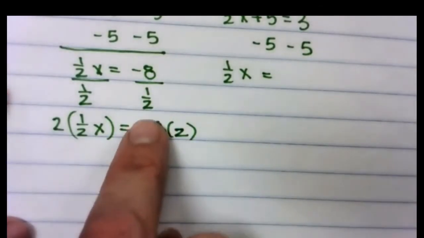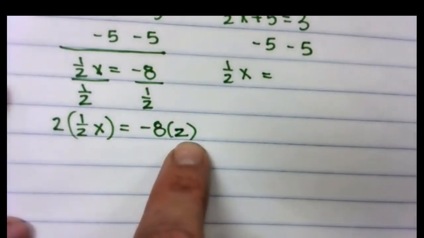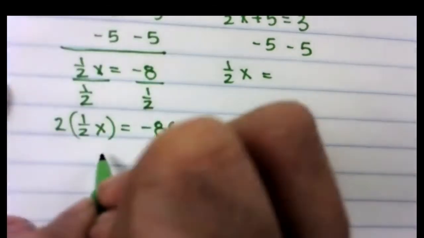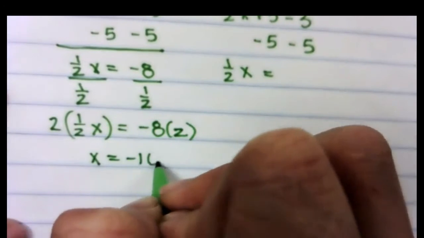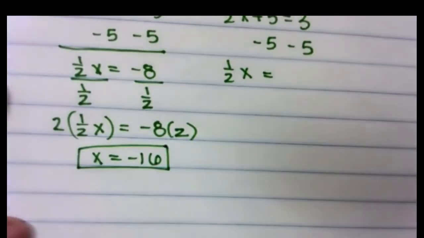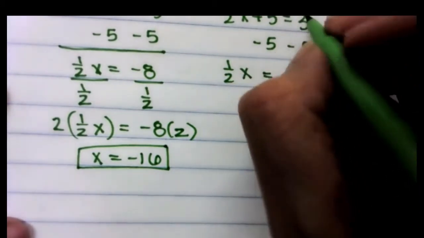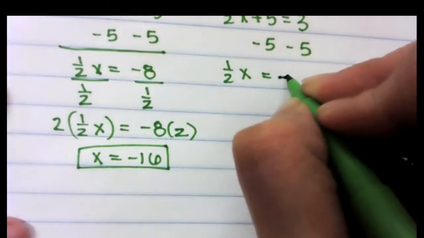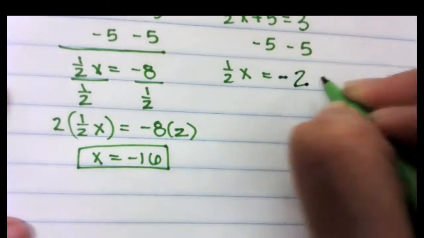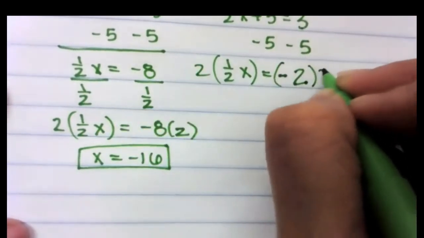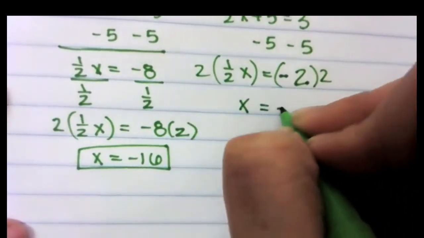So you could divide negative 8 by 1/2, or that's like multiplying negative 8 by 2. These mean the same thing. And we get x equals negative 16. And then over here, 3 minus 5 is negative 2. If you multiply by your reciprocal, you get x equals negative 4.